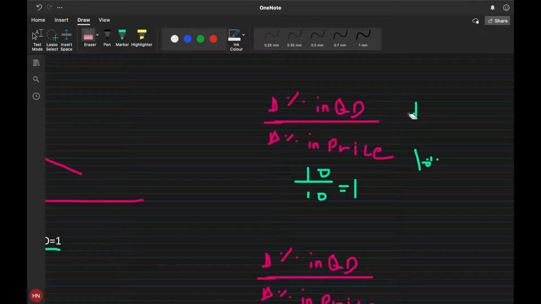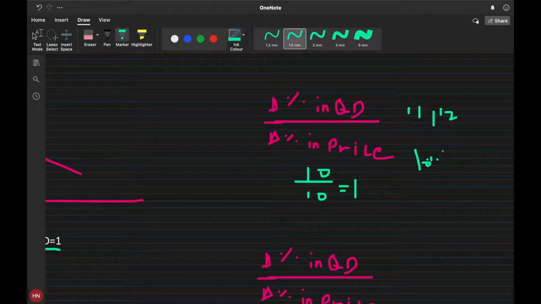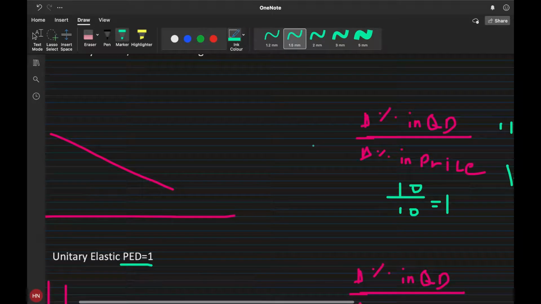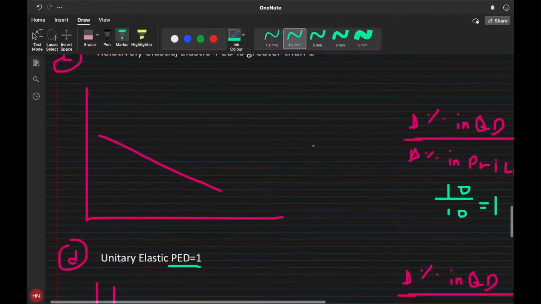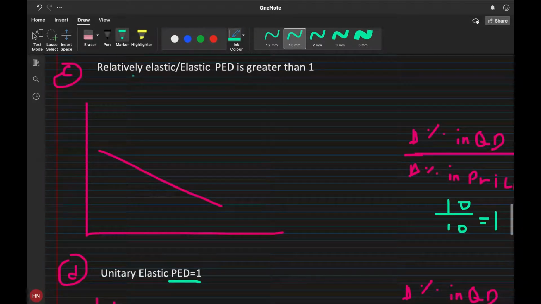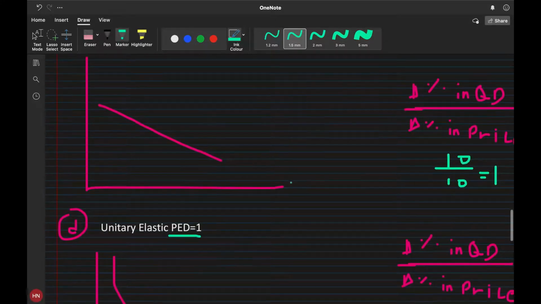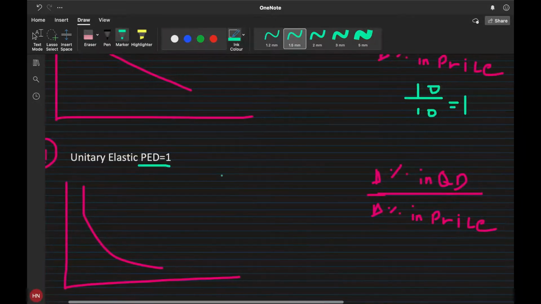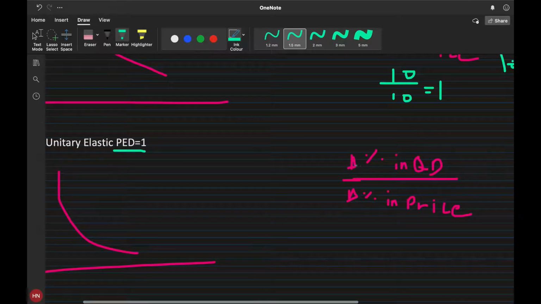If the percentage change in QD was greater than 10, let's say 11%, 12%, 13%, and so on, then in that case the degree of responsiveness of QD is relatively higher, right? And so it's going to give us a value of, sorry, greater than 1, in terms of relatively elastic or elastic PED.